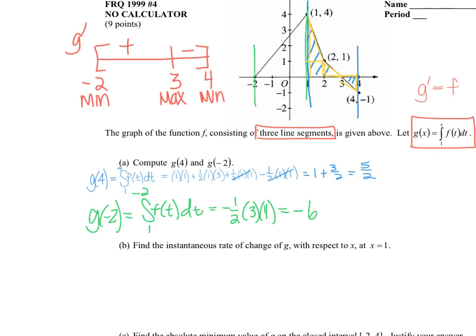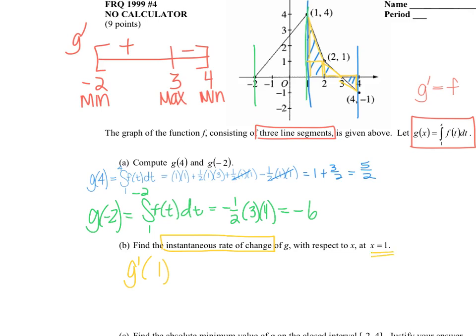Letter B. Find the instantaneous rate of change of G. Instantaneous rate of change. Everyone in this classroom knows what that means. Instantaneous rate means derivative. All this was asking for was G prime of 1.